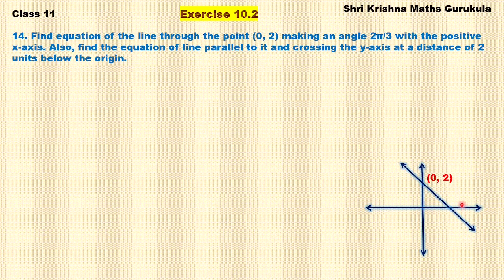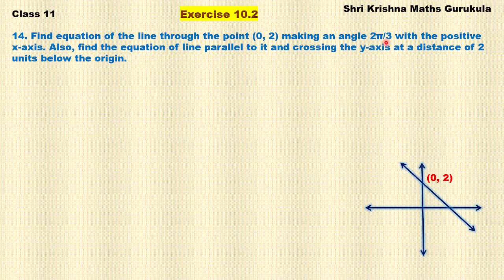It is because it is making an angle of 120 degrees with the positive direction of the x-axis. This is the positive direction of the x-axis, right? That is why the line is like this. If this angle were less than 90, then we would have considered the line to be like this. So the slope will also be negative because the inclination is more than 90 degrees.